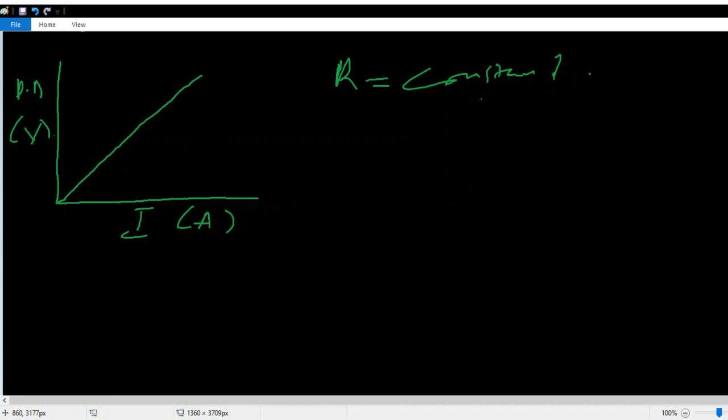Let us look at the factors which affect the resistance of a conductor.